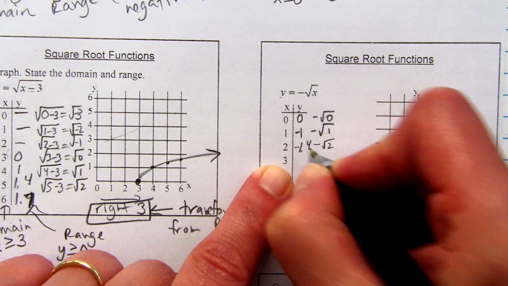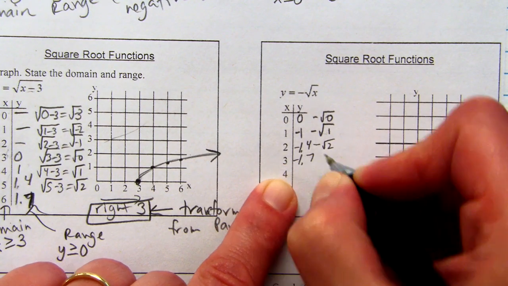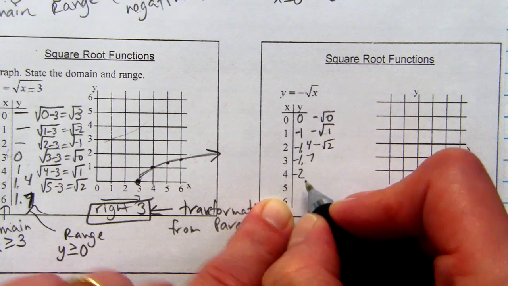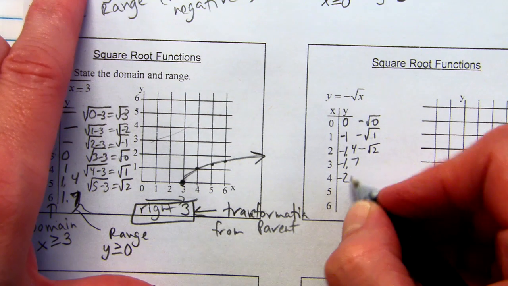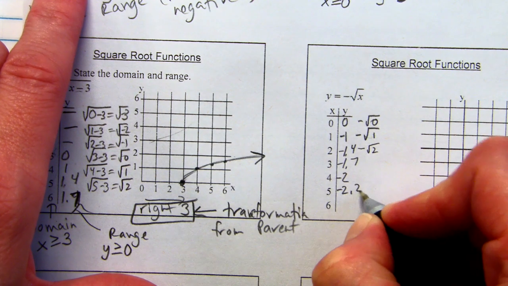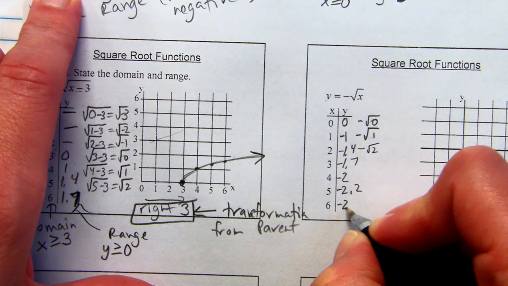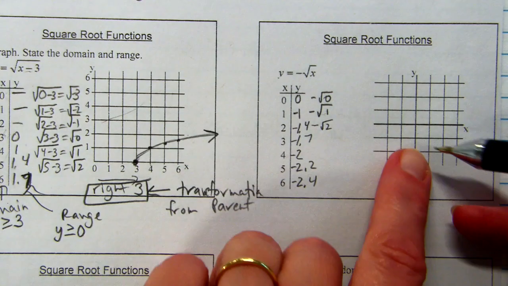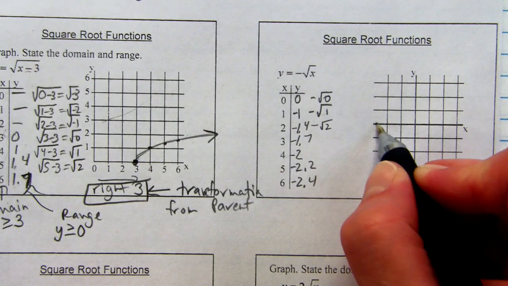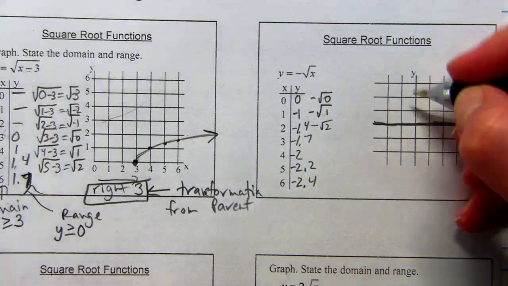But negative square root of 1 is negative 1. Negative square root of 2 is negative 1.4. Negative 1.7. Basically, everything is now going to be negative or 0.